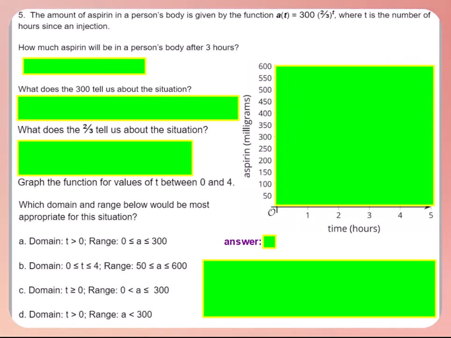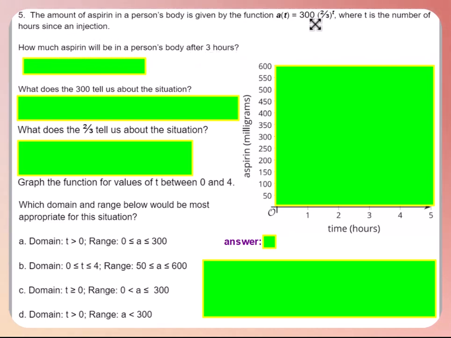Question number 5. The amount of aspirin in a person's body is given by the function a of t equals 300 times 2/3 to the t, where t is the number of hours since an injection. We want to know how much aspirin will be in a person's body after 3 hours.